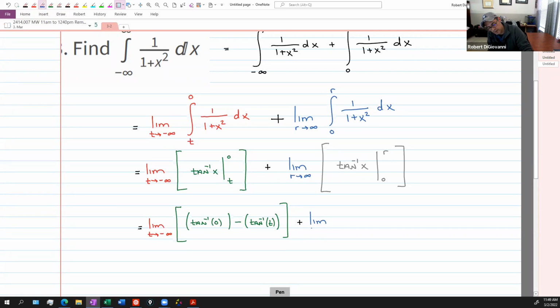And again, I'm going to have to do some subtraction between two things. So first I plug in r, inverse tangent of r, and then I plug in 0, inverse tangent of 0. Now I've got to figure out what this is, right?